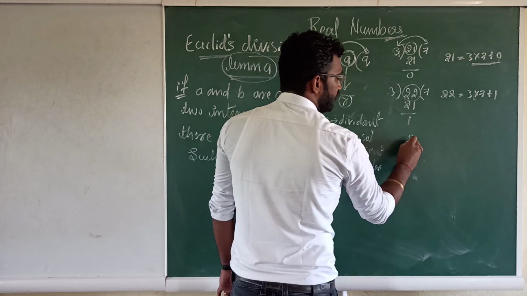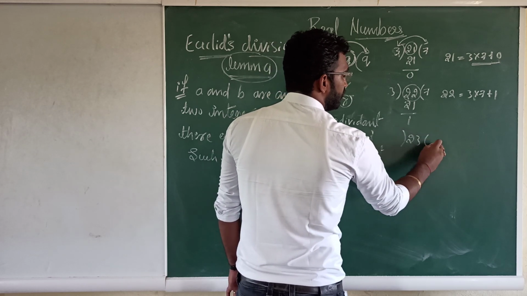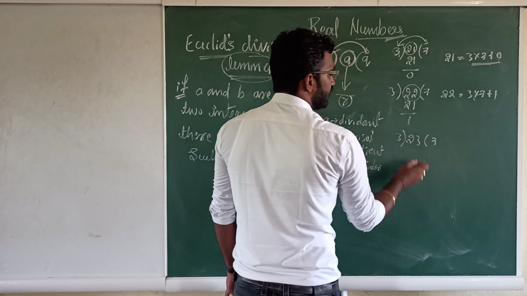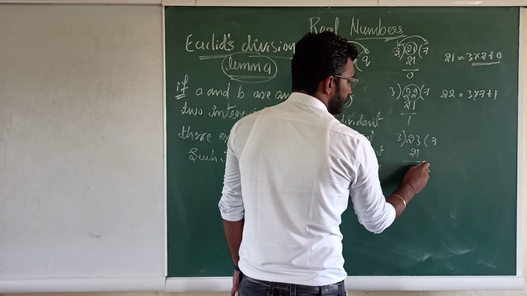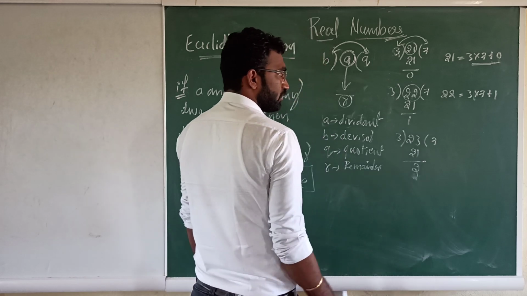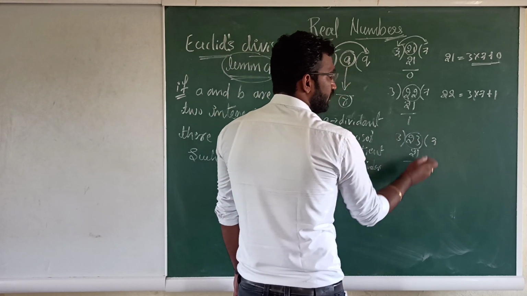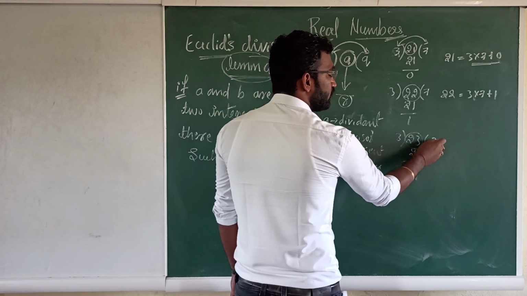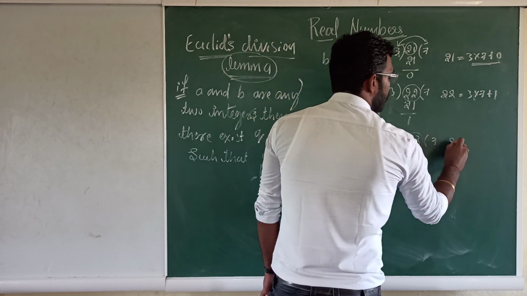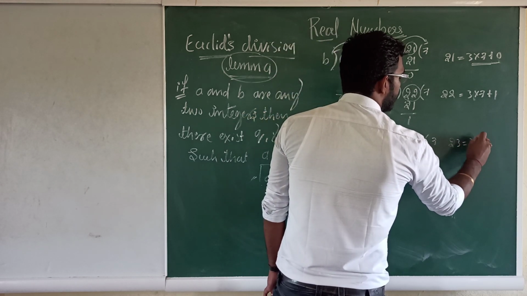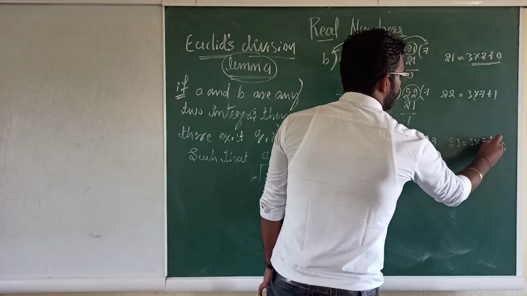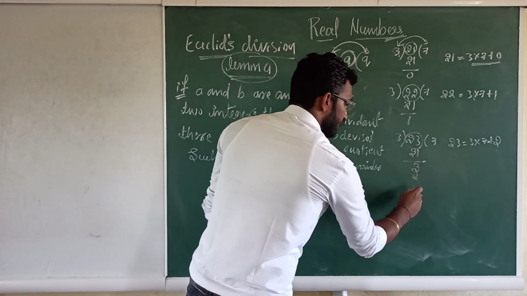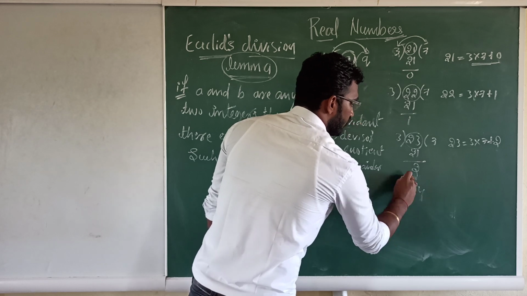If I divide 23 by 3, you are going to get 7 again, 3 sevens are 21. What is the remainder? 2. Therefore 23 is equal to 3 into 7 plus 2, right? Next, if I take the number 24, what happens?